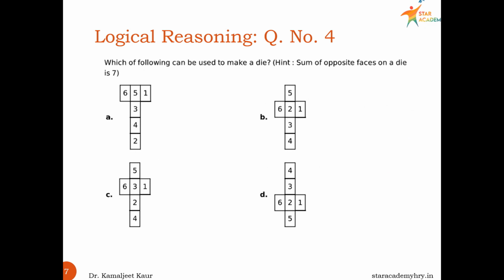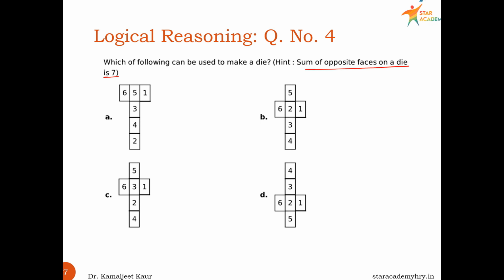Let's move to the next. Which of the following can be used to make a die? A hint is also given that the sum of opposite faces on a die is 7. Here one should know which two squares represent the opposite faces of the die.